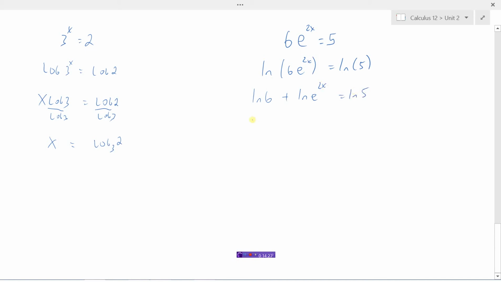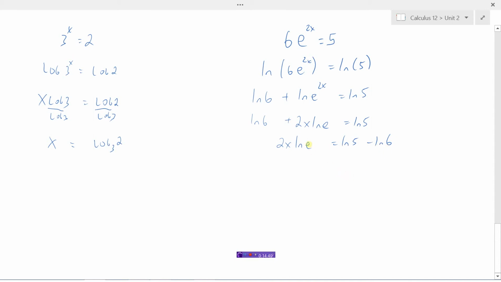And then this second term here has an exponent, so I can bring that down in front. And now I'm going to try to isolate x, so I'm going to subtract ln 6 from both sides. And that gives us this.